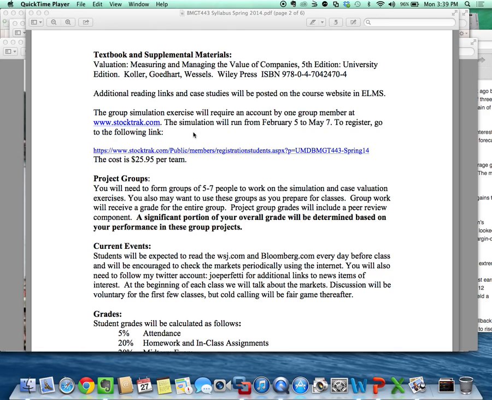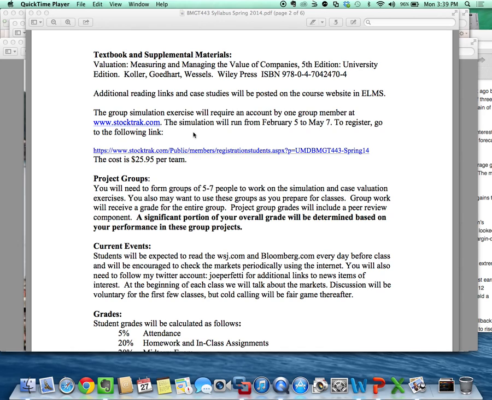Because this class is real world, we have to pay attention to current events. The only way I'm going to get you to pay attention to current events is to do the Stock Track simulation. The idea is you'll start out on February 5th with a $1 million portfolio, fake dollars, but you can do any sort of trading in stocks, everything else is restricted: buy, sell, short, and you basically can manage that portfolio until May 7th.